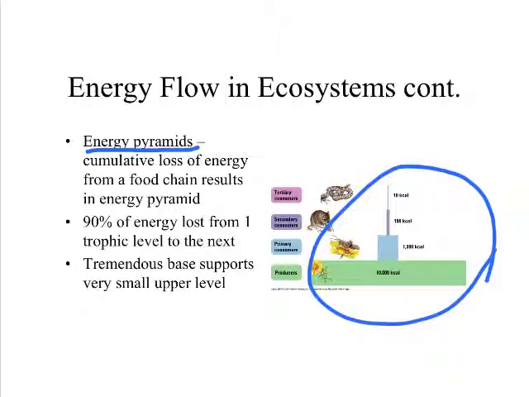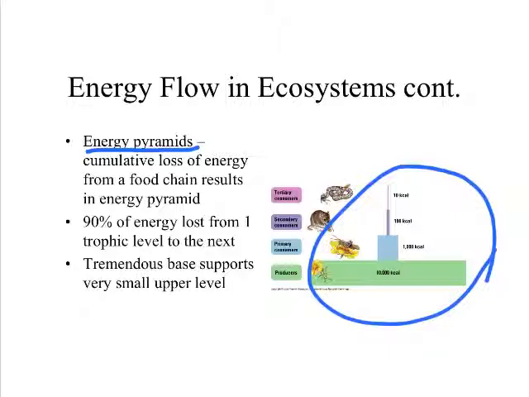In the producers in this community, we have the potential of having 10,000 kilocalories of energy. Now, in the primary consumers, like the insects, they're eating these plants. 90% of that energy is lost to the environment, and only about 10% is moved on to the next level.